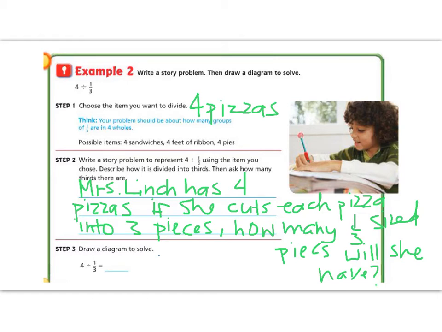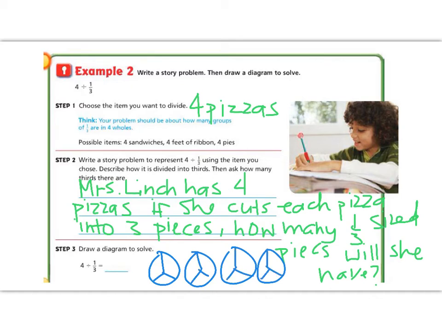I have 4 pizzas, and each pizza is going to be split into 3 pieces. So if I have 4 divided by 1/3, that's going to give me 12 pieces. Let's show that math with keep, change, flip.